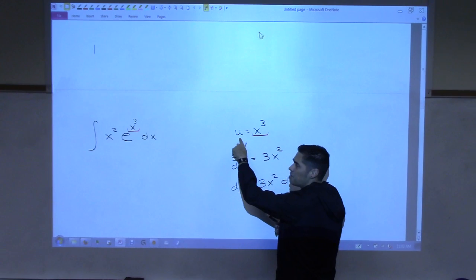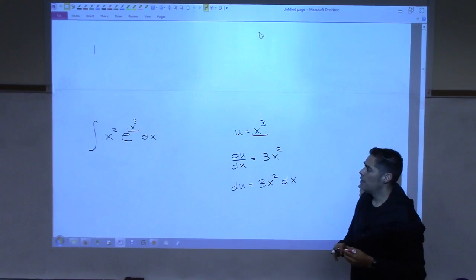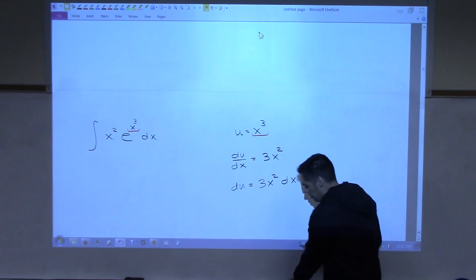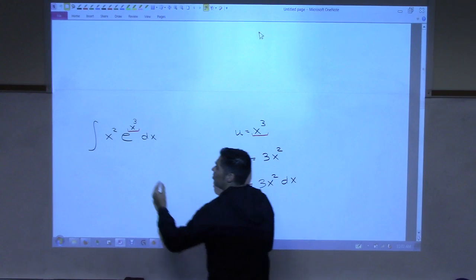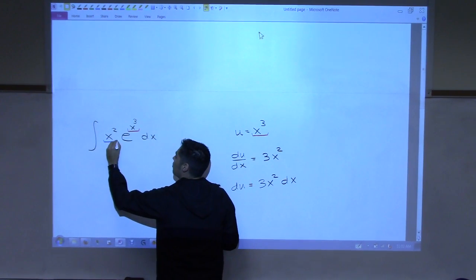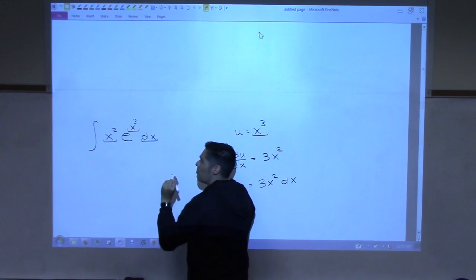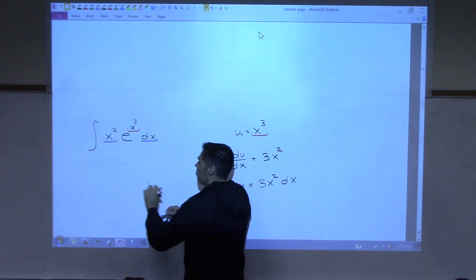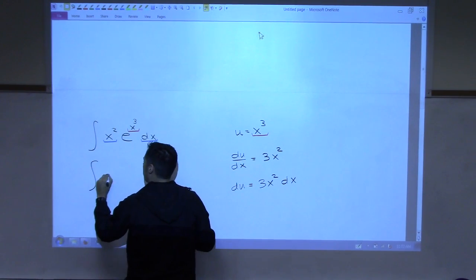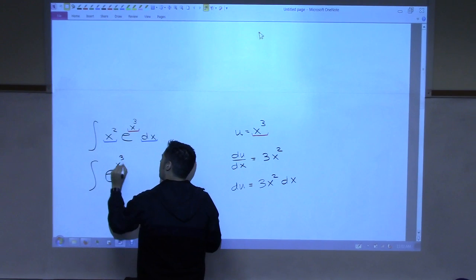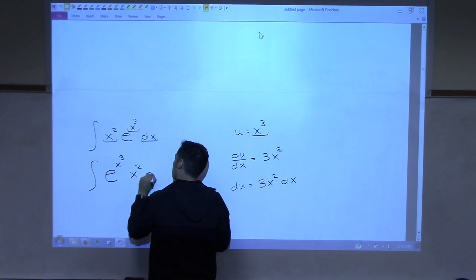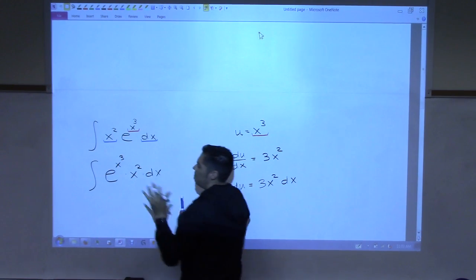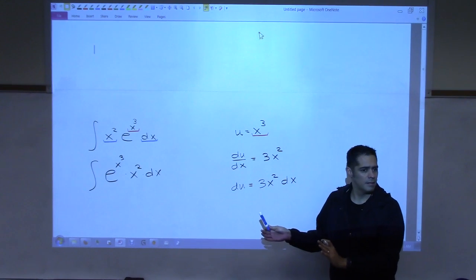That's going to become a u up there. And the other remaining piece I have not accounted for is the x squared dx. And remember, this is multiplication. So I could have rewritten this integral like this. That's the same expression, right?